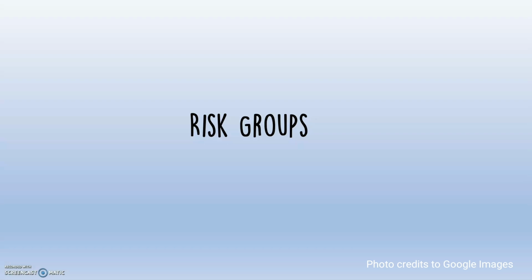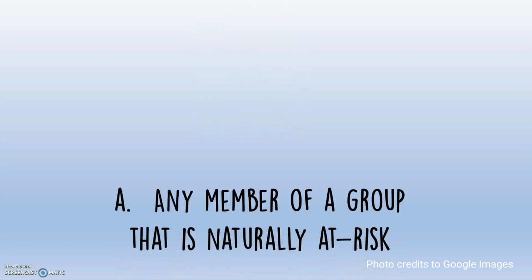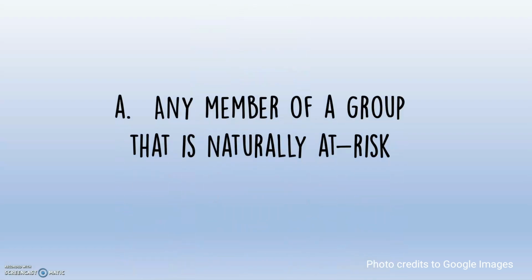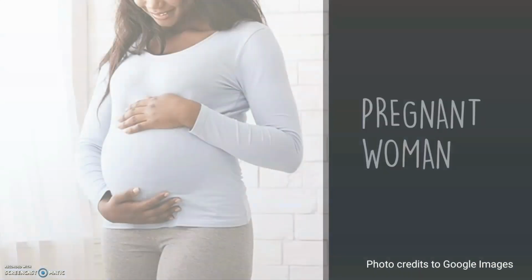Now, let's talk about the risk groups. If the research study includes participants from any of the following groups, the IRB and the student researcher must consider whether the nature of the study requires special protections or accommodations. Okay, number 1, any member of a group that is naturally at risk. What are those examples?